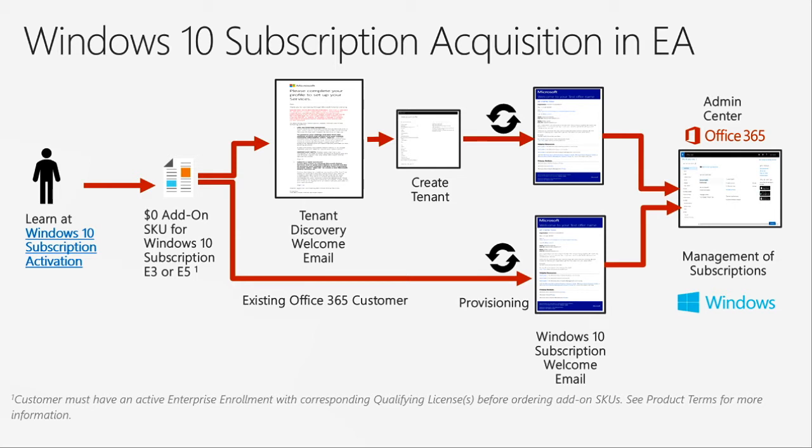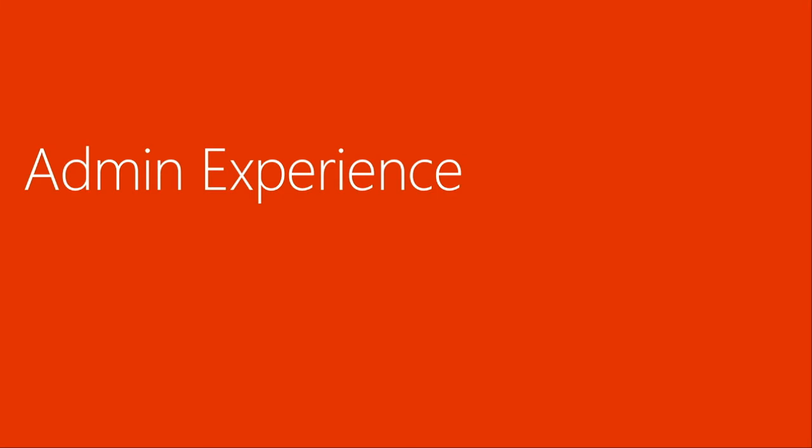So in short, this is the end-to-end process that you need to go through to get your Windows subscription licenses if you already have an enterprise agreement and if you already have E3 and E5 licenses. If you just want to do it for trial purposes, you can order a few of these $0 add-on licenses and get the process started. Try this out before you take your entire user base onto these subscription licenses.